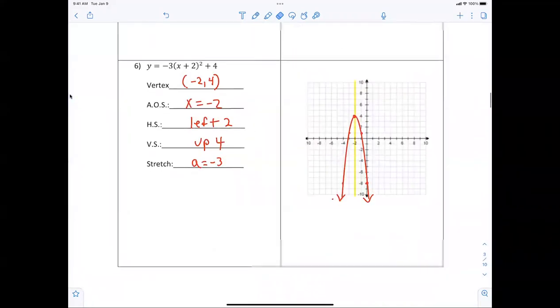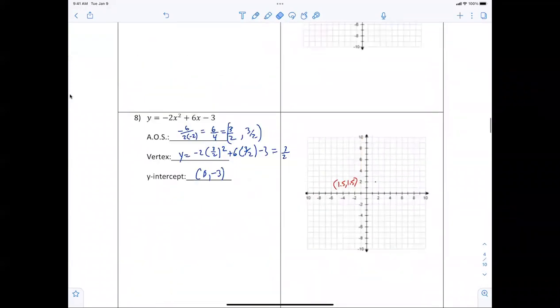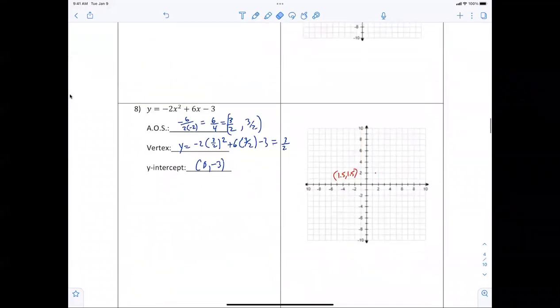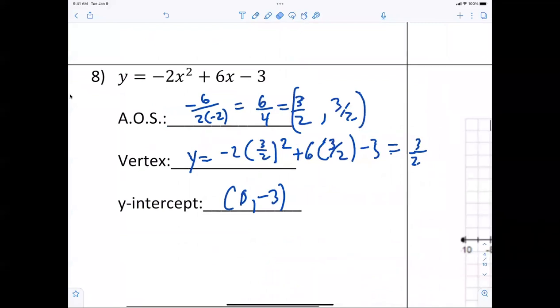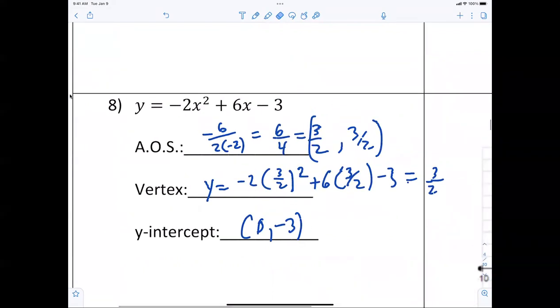All right, here we go. Okay. 8 was the one that had a fraction. Most people had a little trouble with that. I don't know why, but let's take out your handy dandy calculator. First of all, remember the formula to find the axis of symmetry is x equals negative b over 2a.